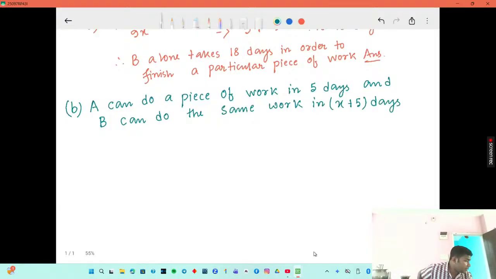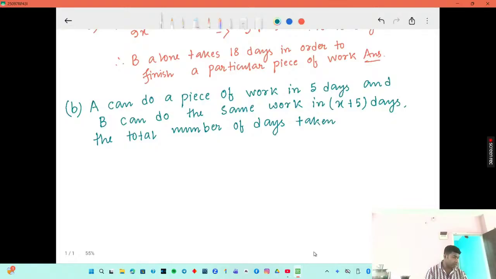The total number of days taken by A and B working together is 3 1 by 3 days.